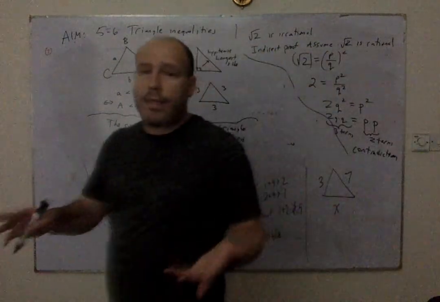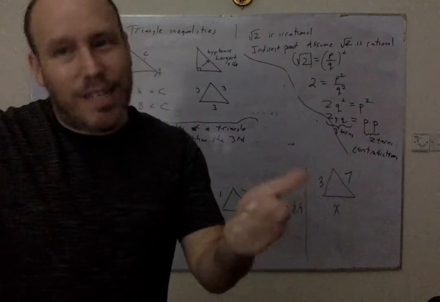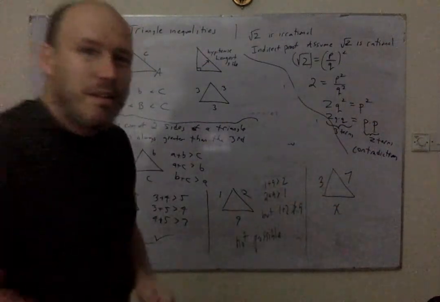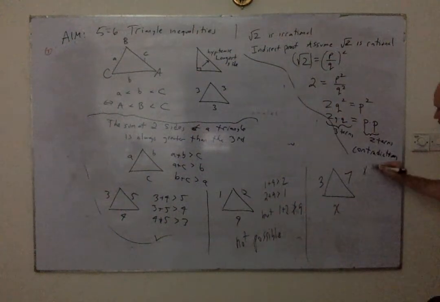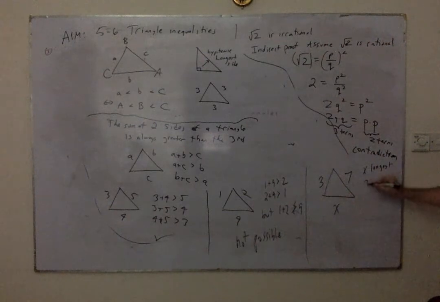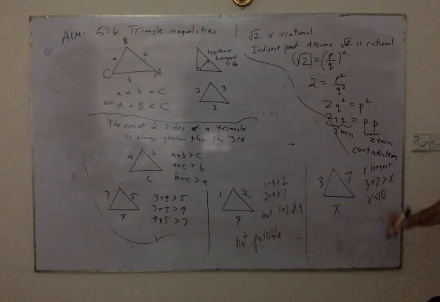Well, there's two cases. Either x is the longest side, or it's not the longest side. So let's see. If x is the longest side, then 3 plus 7 has to be greater than x, or x is less than 10, right? Well, what's another condition?